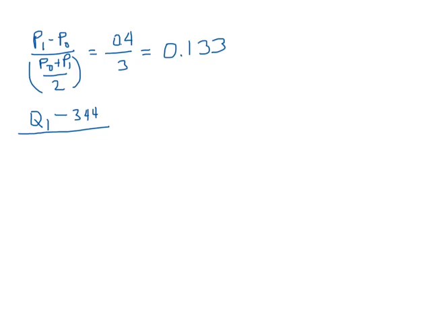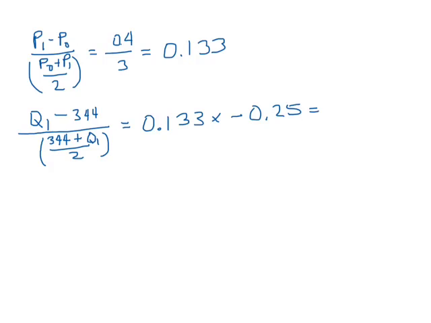We know that that incremental change in quantity divided by the midpoint of quantity, 344 million, or we're going to do this in millions, plus Q1, divided by 2, we know that's equal to the proportionate change in price, 0.133, times the elasticity of demand, negative 0.25. When we multiply those together, we get negative, I'll look over at my notes here, 0.033.